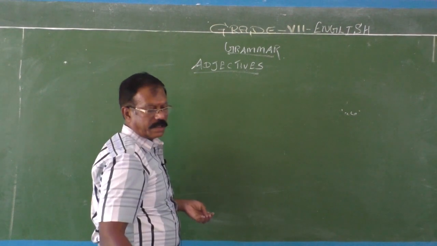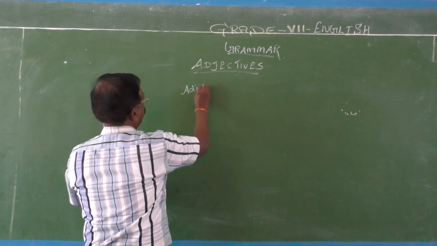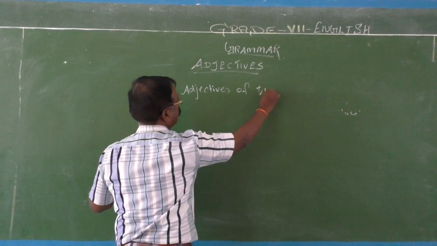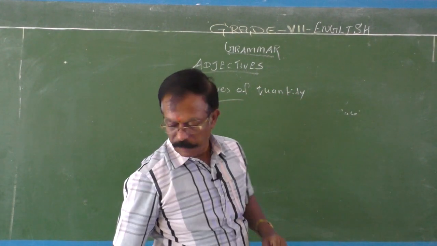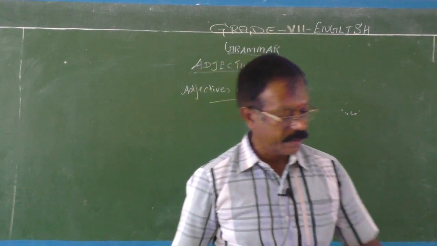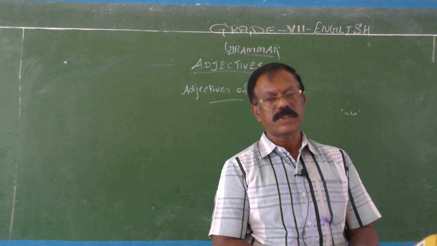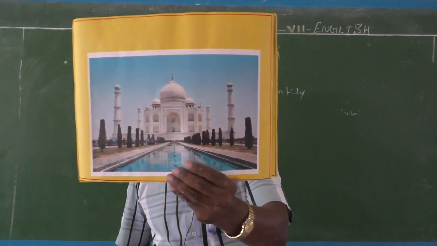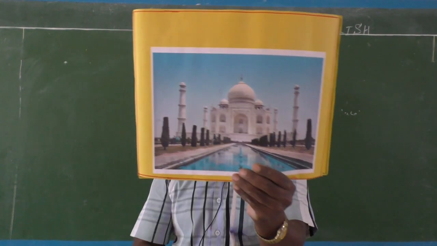See, before we start adjectives of quantity, I would like to show you some pictures I have brought here. All these pictures show quality. It's a beautiful monument. This is the Taj Mahal.